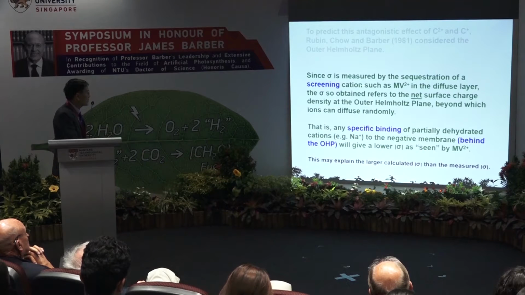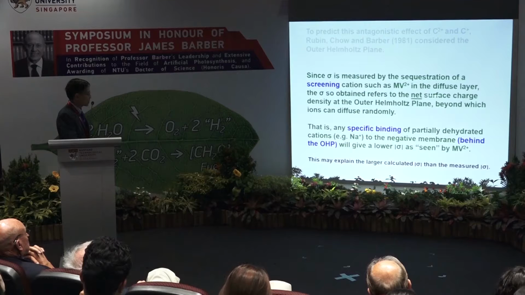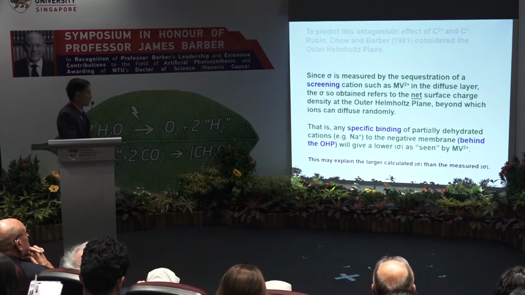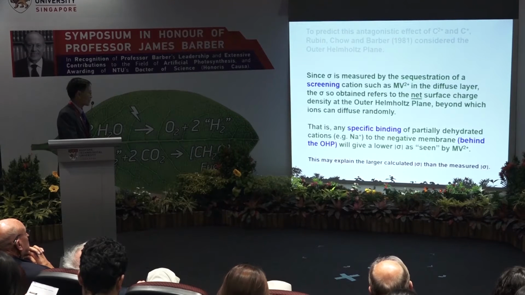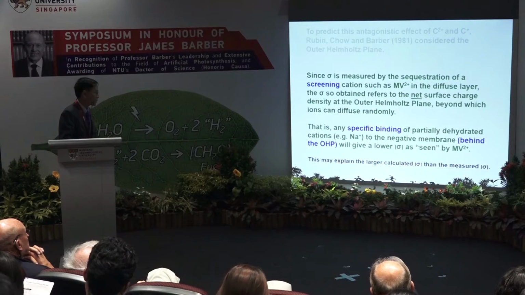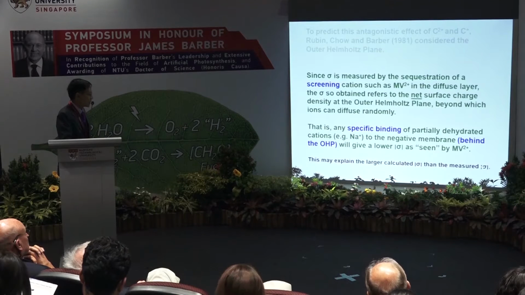So since sigma is measured by the sequestration of a screening cation such as MV2+ in the diffuse layer, the value that we obtain refers to the net surface charge density at the outer Helmholtz plane, beyond which ions can diffuse randomly. That is, any specific binding of partially dehydrated cations, such as, say, sodium to the negative membrane behind this outer Helmholtz plane, will give a lower magnitude of the charge density as seen by MV2+. And this may explain the larger calculated magnitude of the surface charge density than measured experimentally.